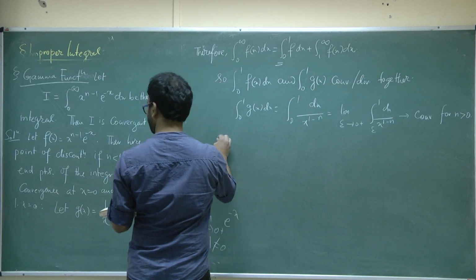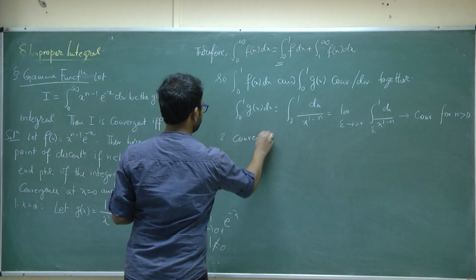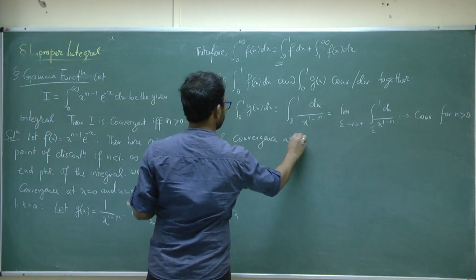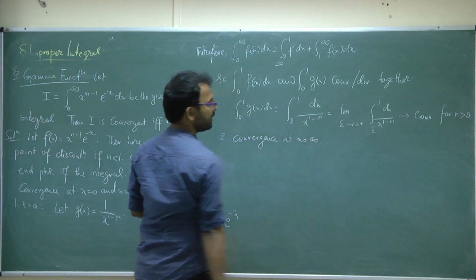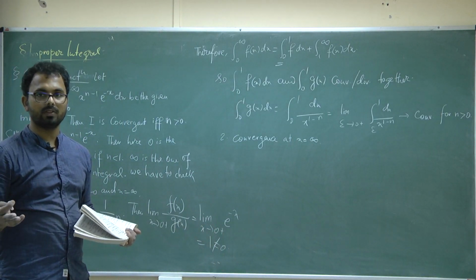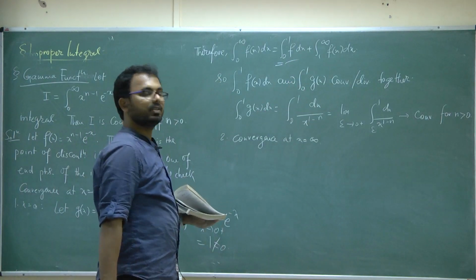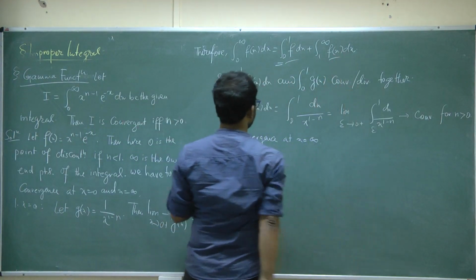Now step 2 is convergence at x equals infinity. So at least at x equals 0, if n is positive, then we have convergence of this integral. Now we will check the convergence at infinity.